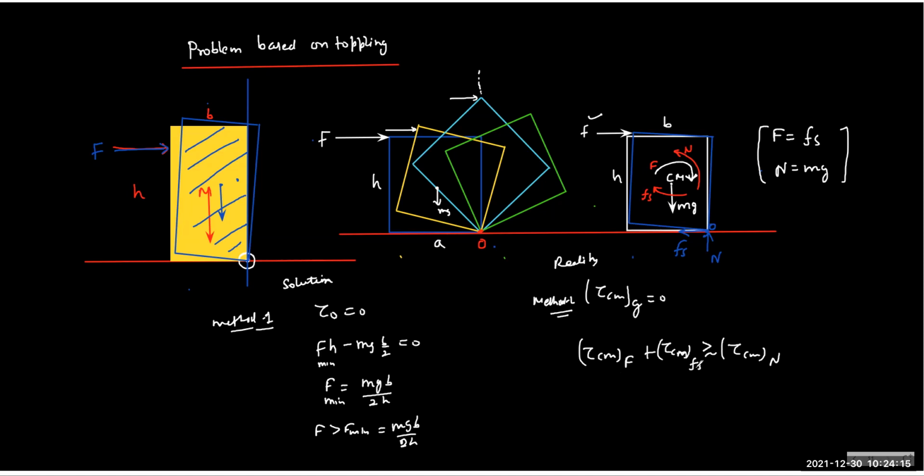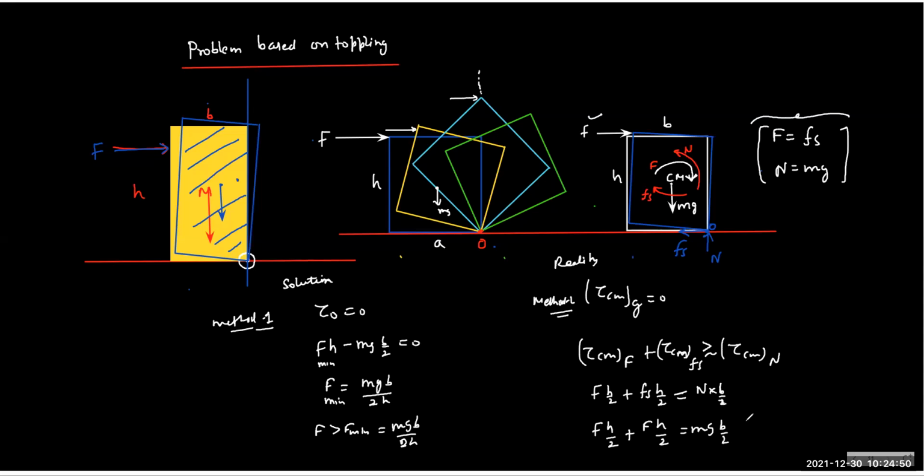Now, if you solve by the other method, it's not difficult, because we can write the torque of F as F into h by 2, the distance from the center of mass to F. The torque of friction is also Fs into h by 2, and the normal is n into b by 2. From translational equilibrium, Fs is F and n is mg.